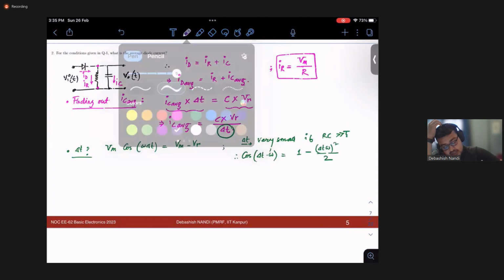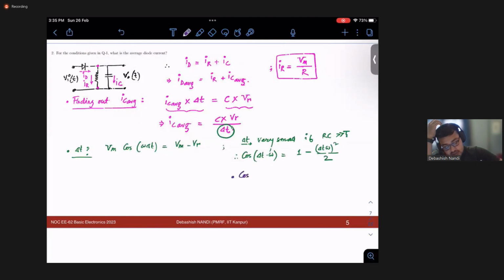If you don't understand this, I think you are aware of this: we can write the cosine as an infinite series. I am taking just the first two terms because if x is small, the other terms will be very small, so I can neglect them, right?